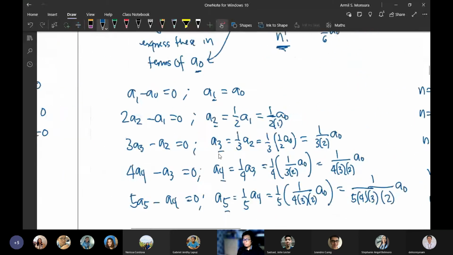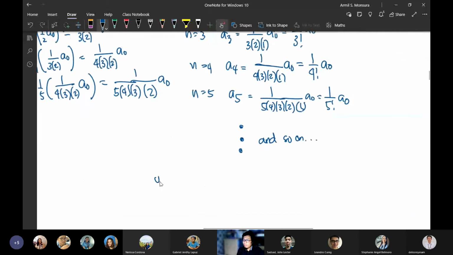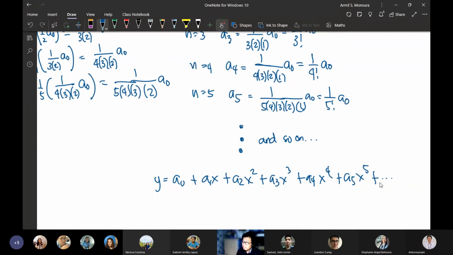Okay? So our solution is said to be y equals a0 plus a1 x plus a2 x squared plus a3 x cubed plus a4 x to the fourth plus a5 x to the fifth and so on.